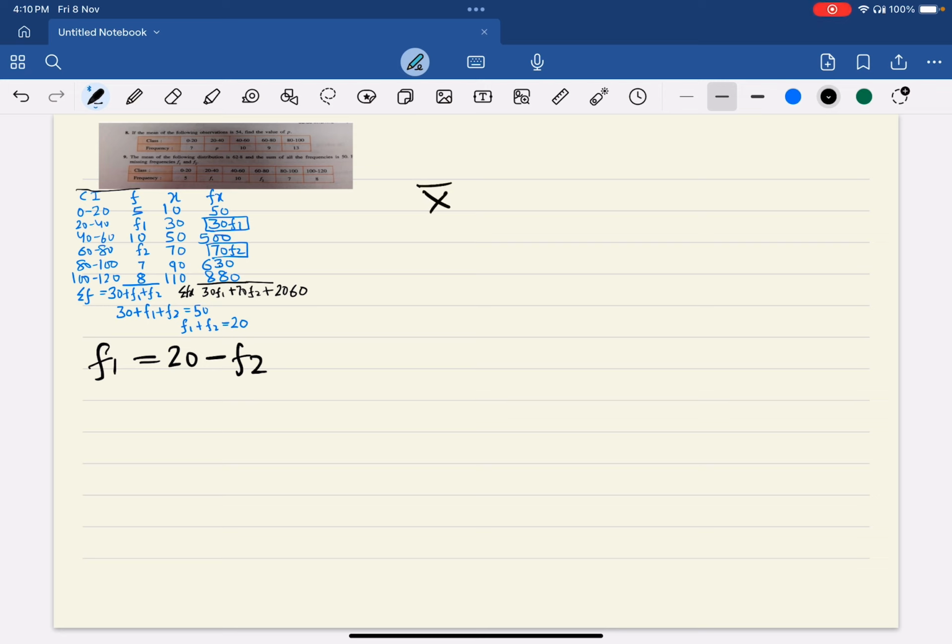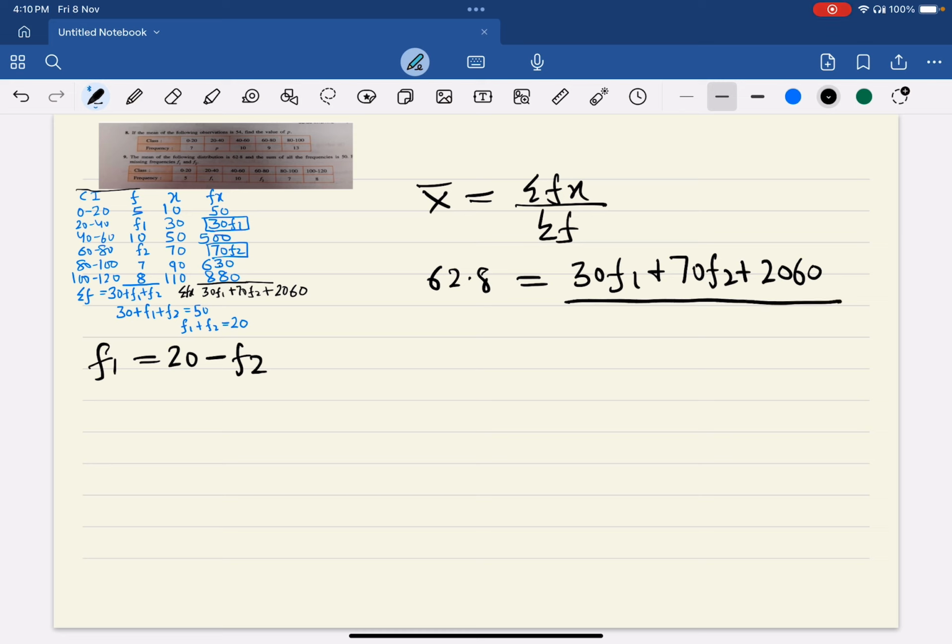Now let us find bar X formula, which is again sigma Fx by sigma F. Sigma Fx we just found. Now let us go back to the question. It says bar X is 62.8. Sigma Fx we just found is 30 F1 plus 70 F2 plus 2060 divided by sigma f.